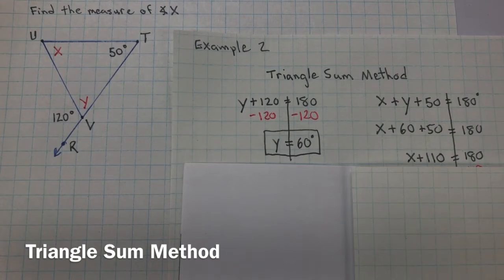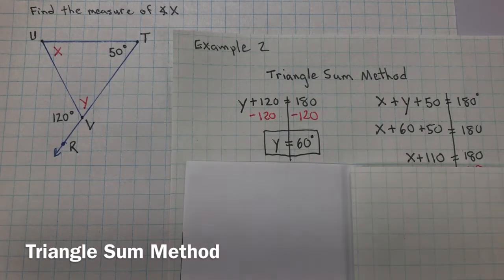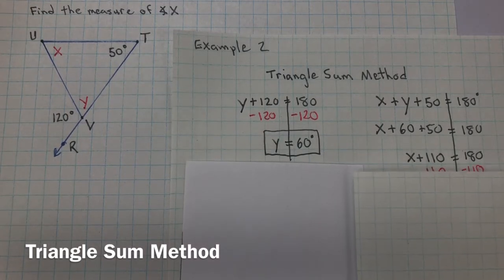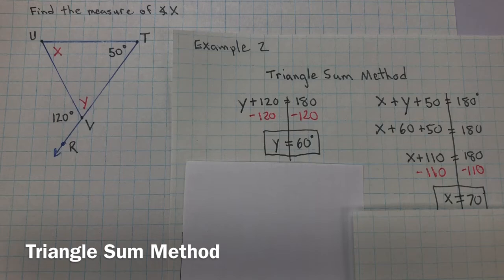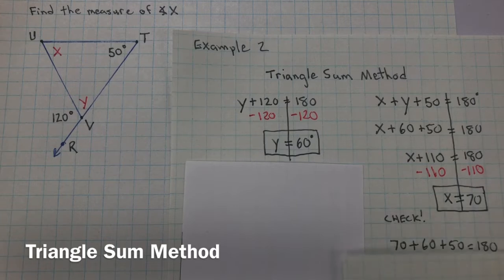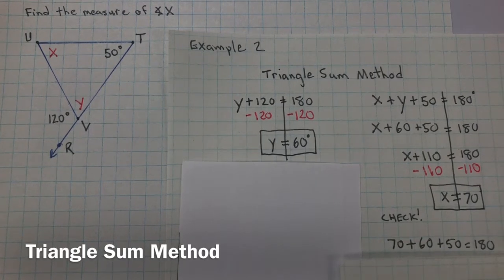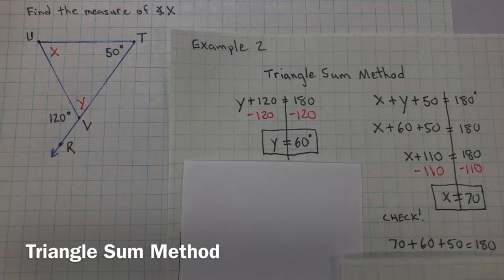And now inverse property of addition is subtraction. We subtract 110 from both sides, and we get x equals 70. And it's always good to check to make sure that the sums of the measures equal 180. So we have 70 plus 60 plus 50 does equal 180 degrees.